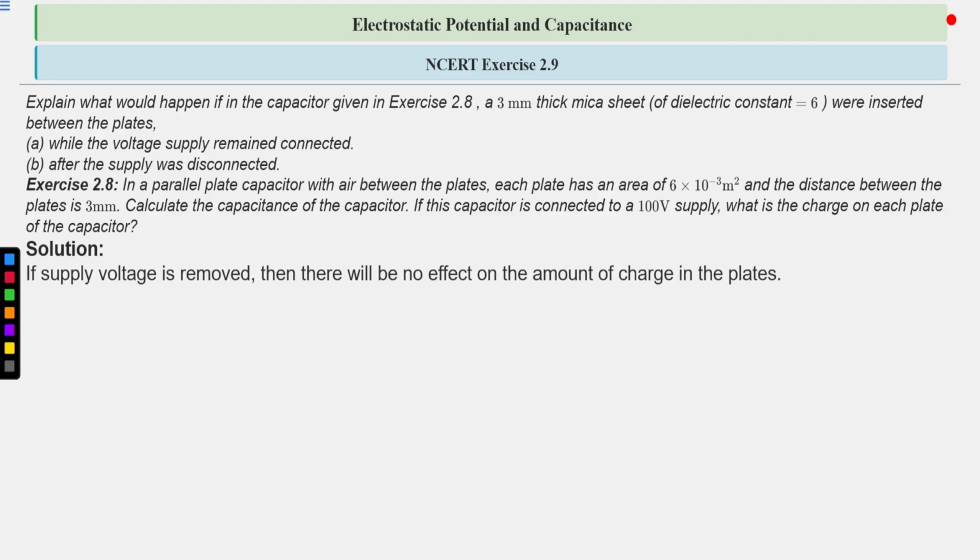if supply voltage is removed, B part, then there will be no effect on the amount of charge on the plates. If supply voltage is disconnected, there will not be any effect on the amount of charge because charges are stored on the capacitor. We disconnected the battery, but charges will not get reduced because according to conservation of charge, charge will remain as it is.